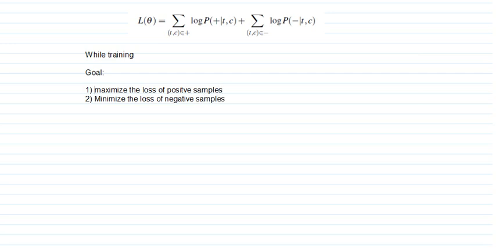So while training, we require some kind of loss function.